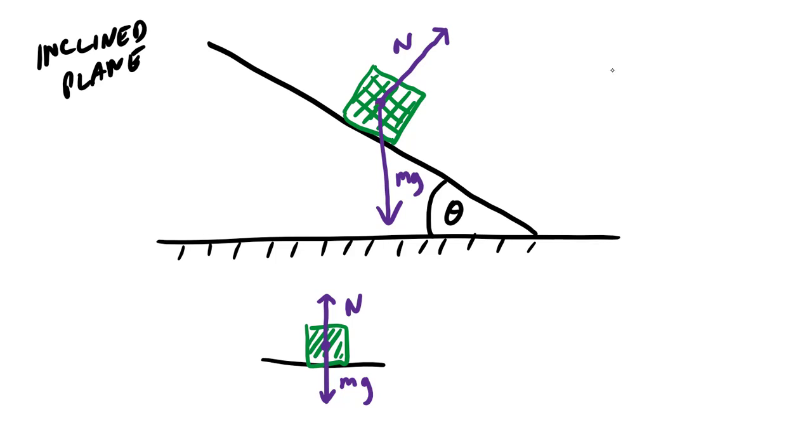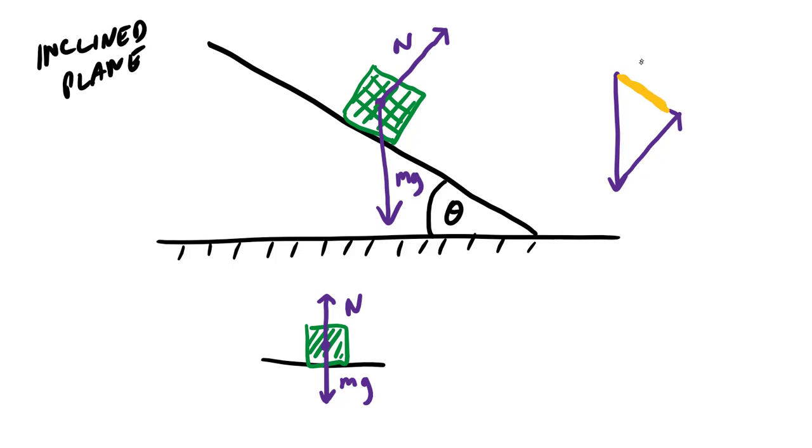Now if I draw this as a vector diagram, I would have the weight force acting down, followed by the normal force acting up like so, and there's a gap here, and the direction of this gap should be the direction of the slope. What happens here depends on the scenario.